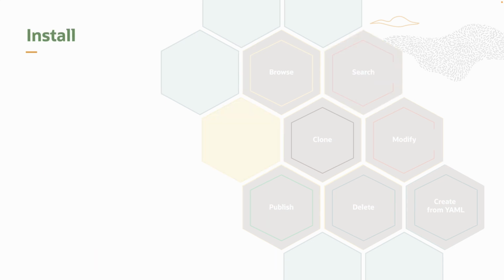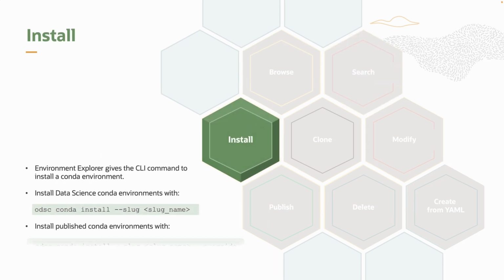Installing Conda environments. This is done through the command line using the ODSC Conda install command. You provide the slug option and the name of the slug. You can get the name of the slug through the Environment Explorer, or as we just saw in searching, you can search for it.